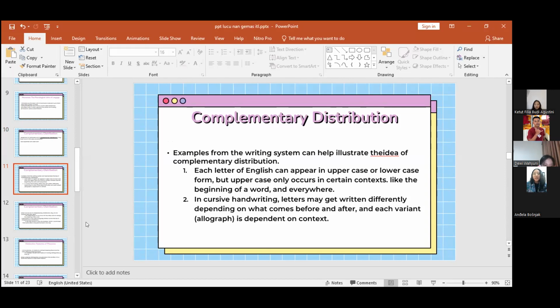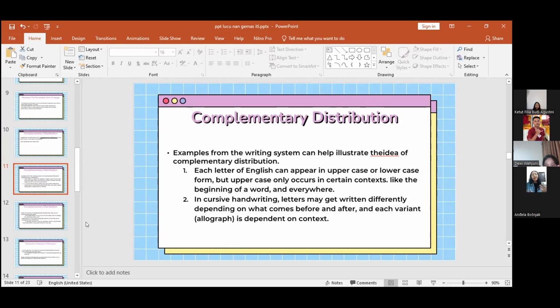So still about complementary distribution, the writing system can help illustrate the idea. First, each letter of English can appear in uppercase or lowercase form, but uppercase only occurs in certain contexts, like at the beginning of a word. Second, in cursive handwriting, letters might be written differently depending on what comes before and after, and each variant, or allograph, depends on the context.